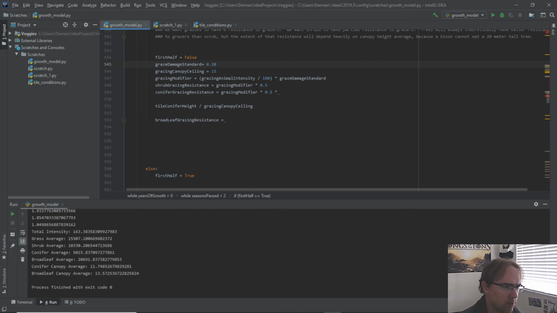That doesn't include the actual casualties though, but 20% casualties. Shrubs would be 10% casualties. The resistance that the trees would have. See, but we actually want it to be inverted.